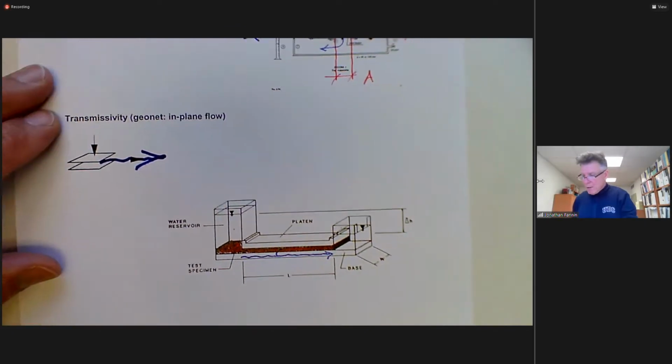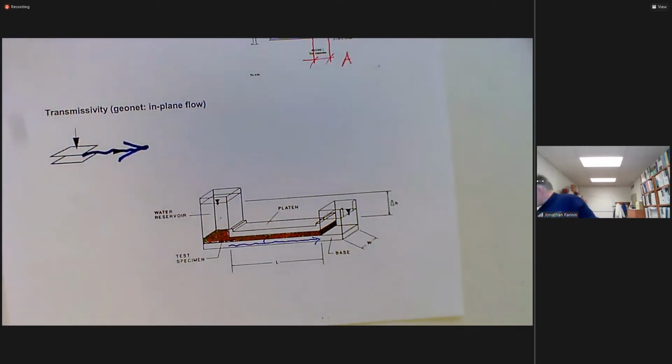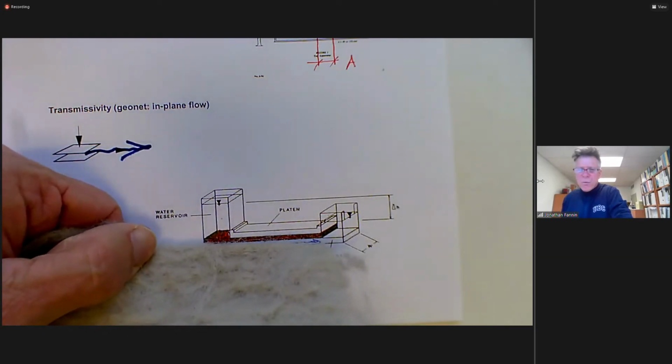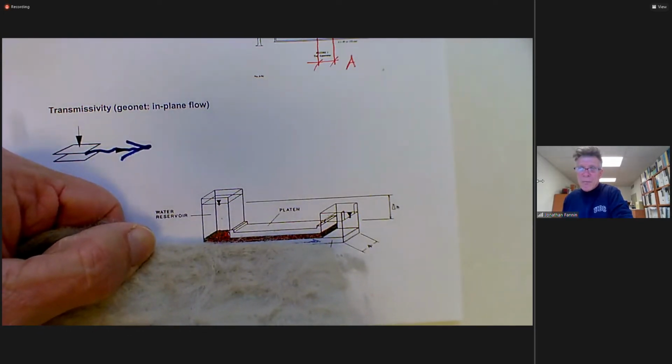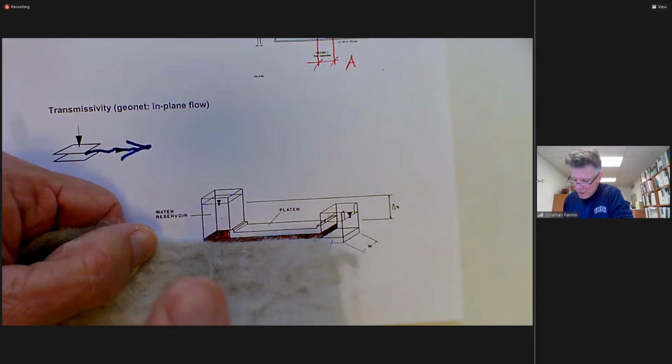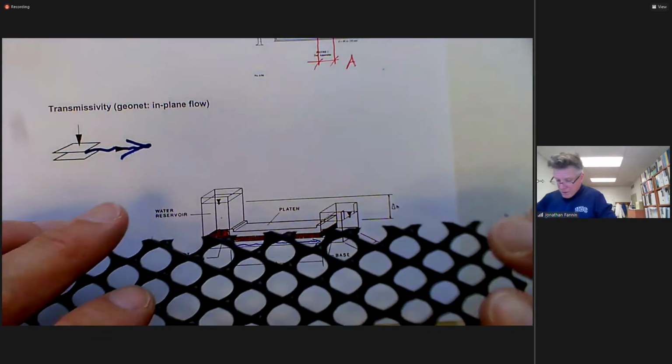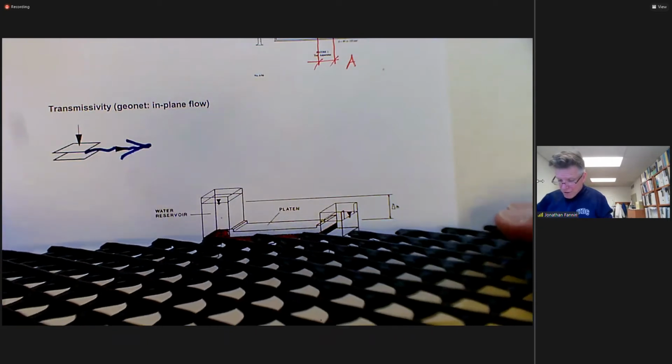Okay, so what are we doing? We're taking either the geotextile and placing it in, though you wouldn't so commonly be measuring the transmissivity of a geotextile, but you could do it. More commonly, measuring the transmissivity of a geonet.